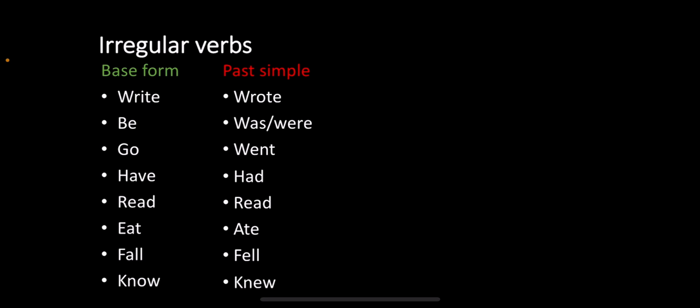There are many more, of course. The important thing is that we try to practice them and memorize them. And the more we practice them, the better we are going to be able to use the verbs when we create sentences, especially in speaking, right? Because when we write, yeah, you can check a dictionary, you can check your book, you can check the internet.